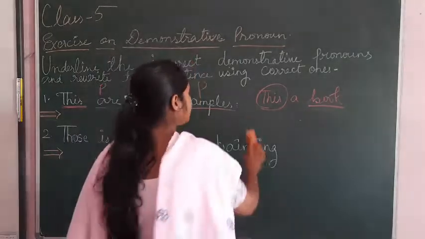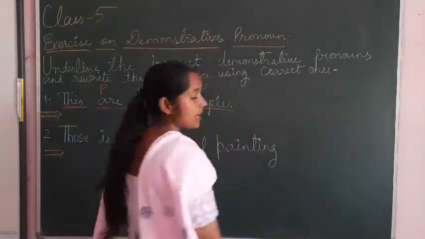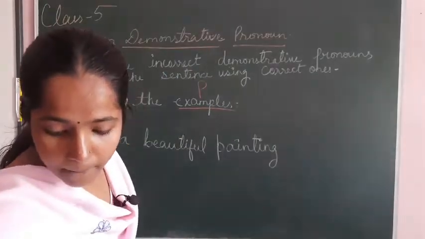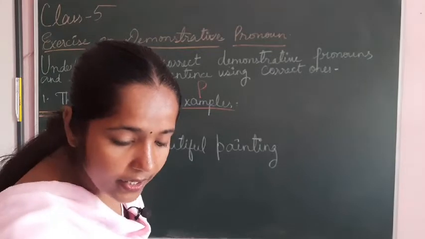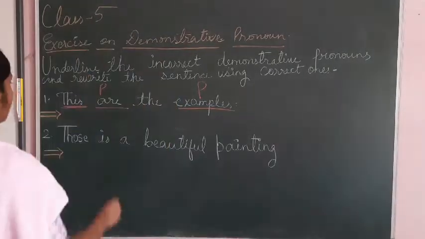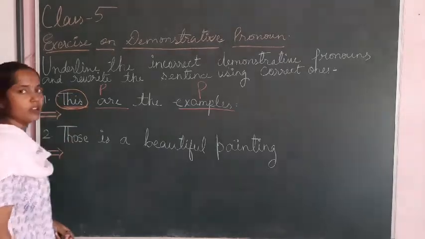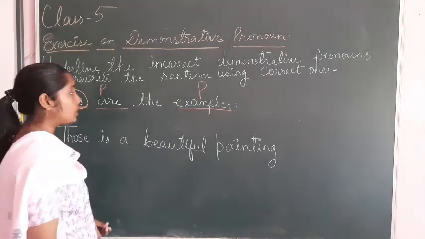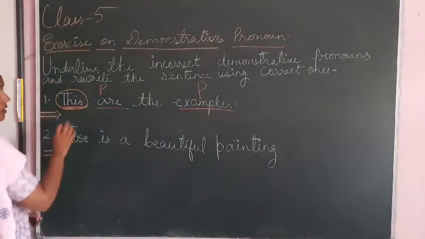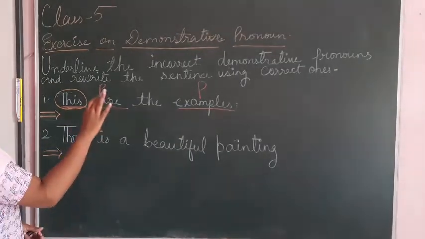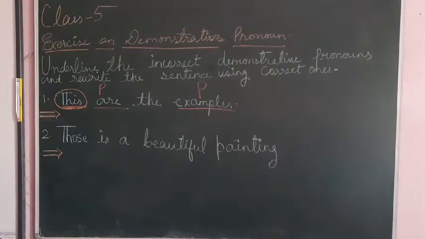But in this sentence, the question says that the usage of this is incorrect. What can we use to make this sentence correct? We have to rewrite the sentence using the correct demonstrative pronoun.